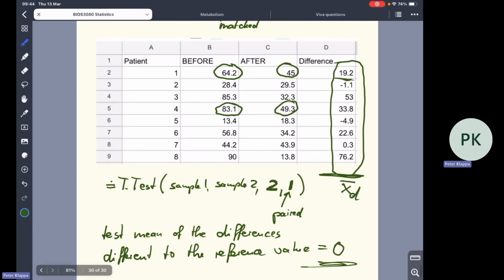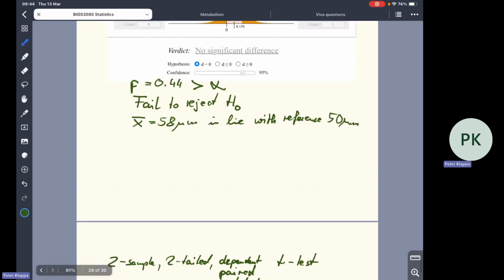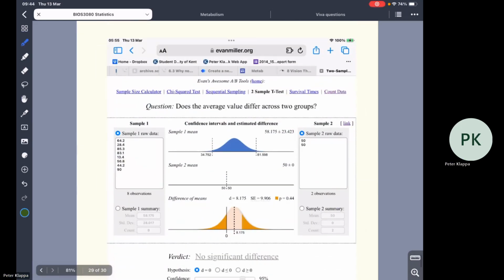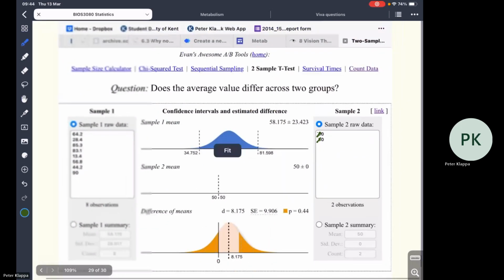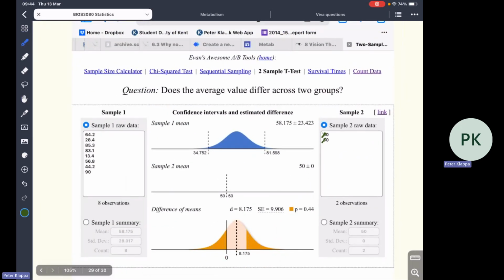So what we could do is we could just simply use these numbers that we just calculated, the differences, put that in our online calculator, just copy paste, and on the right-hand side here, we would just simply put in 0. And that would give us a p-value.